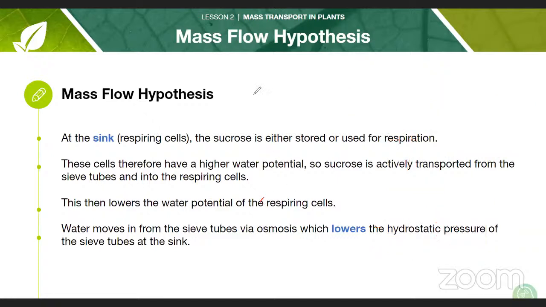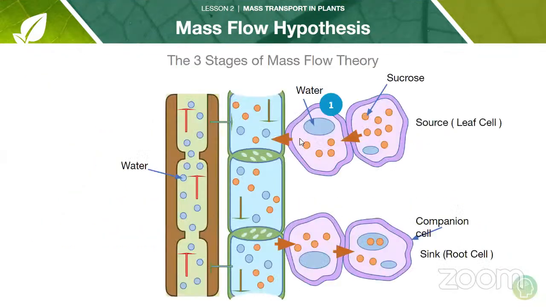And I'll summarize that with a whiteboard slide, as we did before. As we've talked about many times, whiteboard slides are the way to go. This is your stages of mass flow.